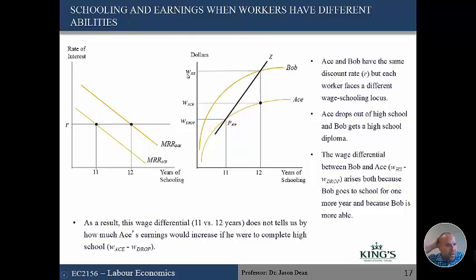Well, the answer is no. We can't say the return to schooling is estimated by this line, because Ace could have lower ability or motivation or any of those other unobserved factors. And so it's possible that if Ace finished high school, his wage would be much lower than Bob's, okay?